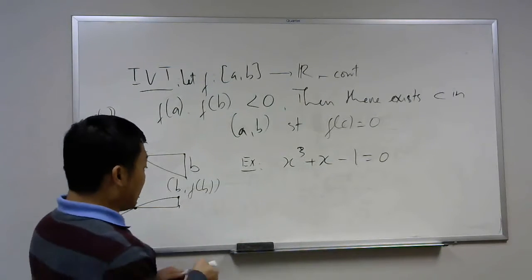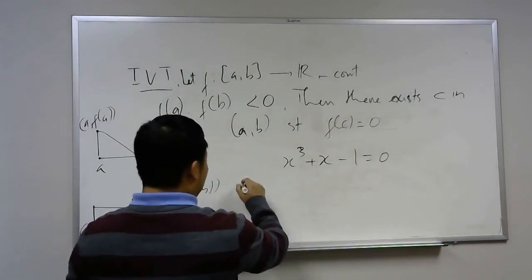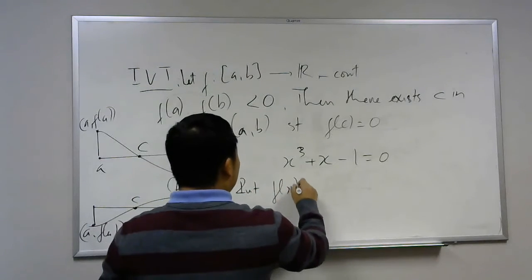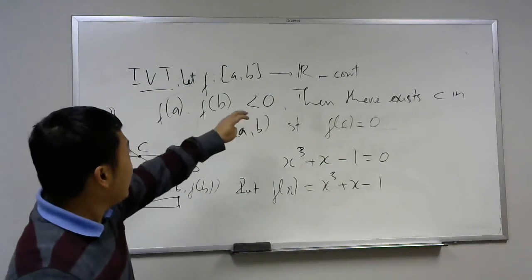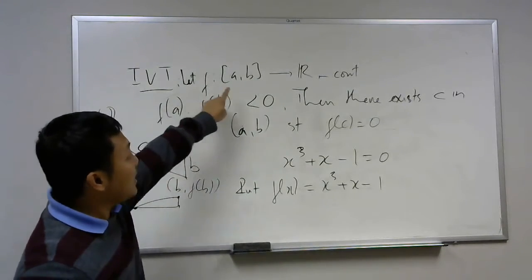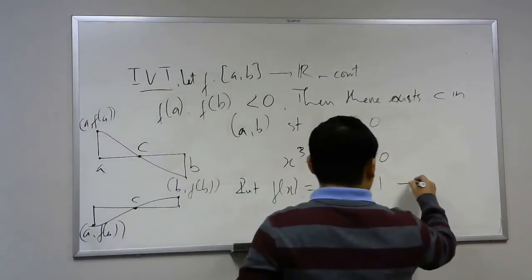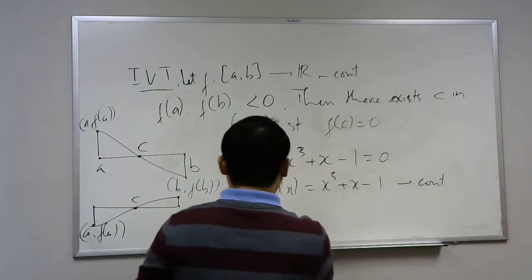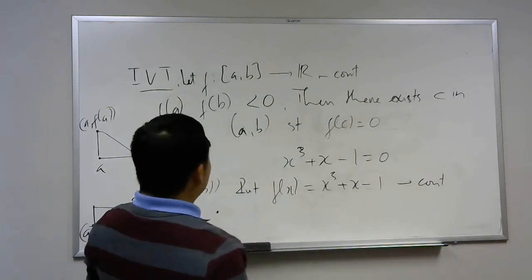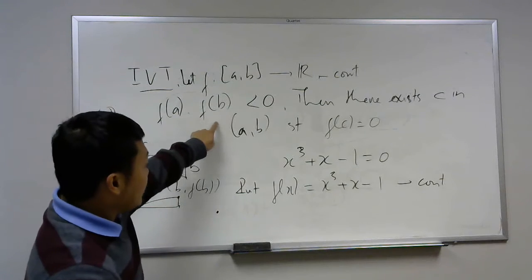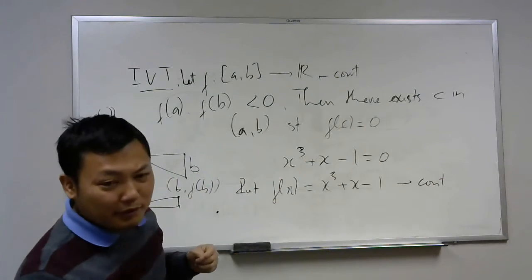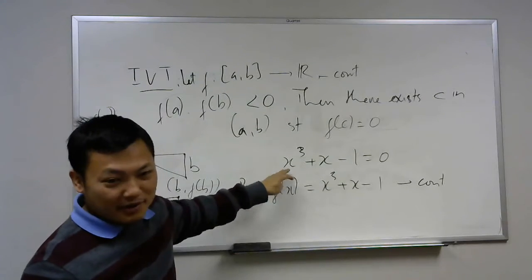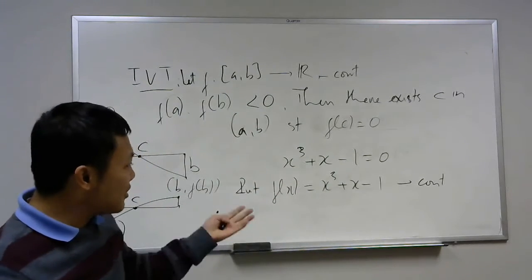All right. So if I put f of x equal to x cubed plus x minus 1, the first thing I need to write is that the function is continuous. So this function is continuous, so we have the first condition. Secondly, I need to pick a and b. The first point I choose is 0, because if you plug 0 into that function, you get -1.